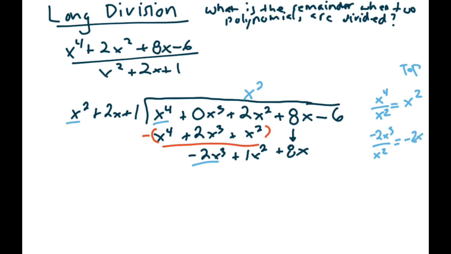So we put a negative 2x on top. We distribute the negative 2x to all three terms on the outside, which would give us negative 2x cubed minus 4x squared minus 2x. And then we subtract down.